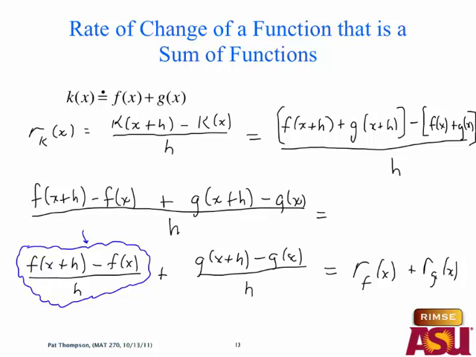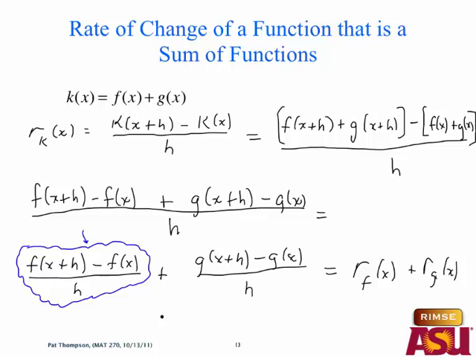If k is the sum of f and g, then the rate of change of k is the sum of the rate of f and the rate of g. So it's exactly the result we would hope for. If you have the sum of functions, the rate of change of the sum is just the sum of the rates of change of each individual function. It's the most natural thing and the easiest thing we could think of.